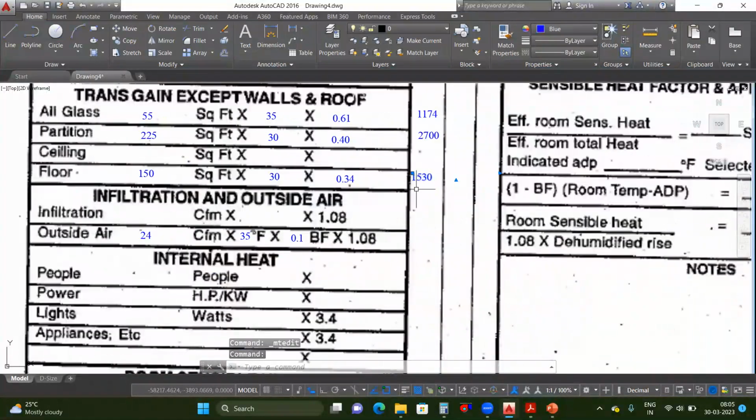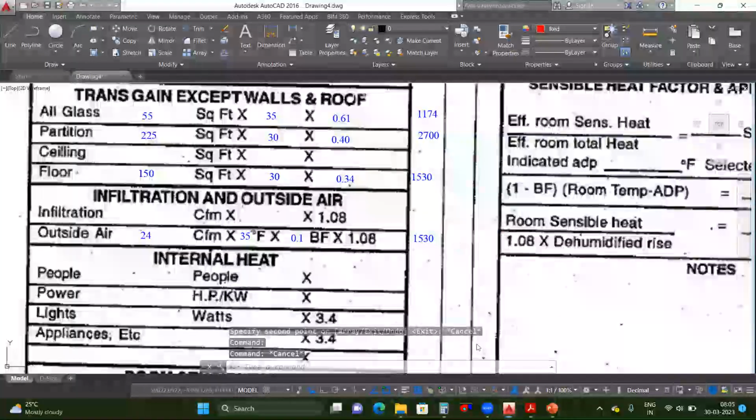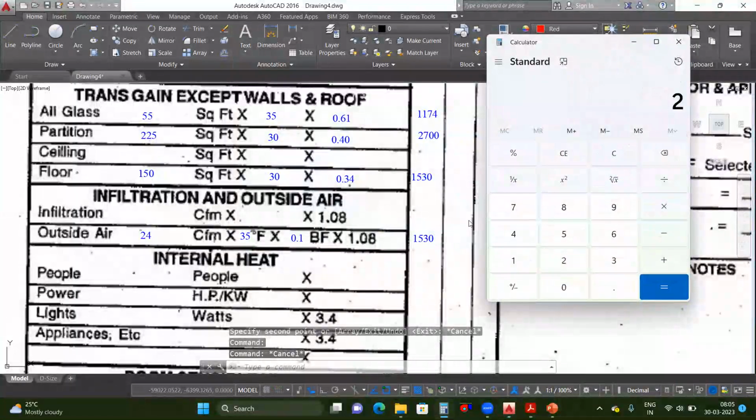So we need to multiply this. That is 24 multiplied by 35 multiplied by 0.1 multiplied by 1.08, which we also need to multiply.